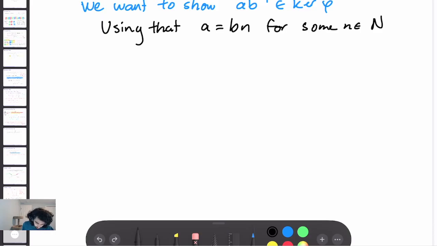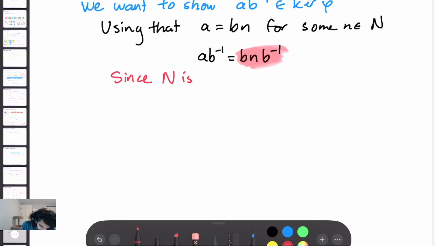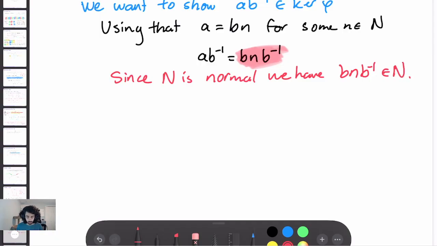But here's what we can do. We can multiply both sides by b inverse. And then this, by the definition of normality, is inside of N. Since N is normal, we have b n b inverse is inside of N. Definitely not true for any subgroup, but true for a normal subgroup.